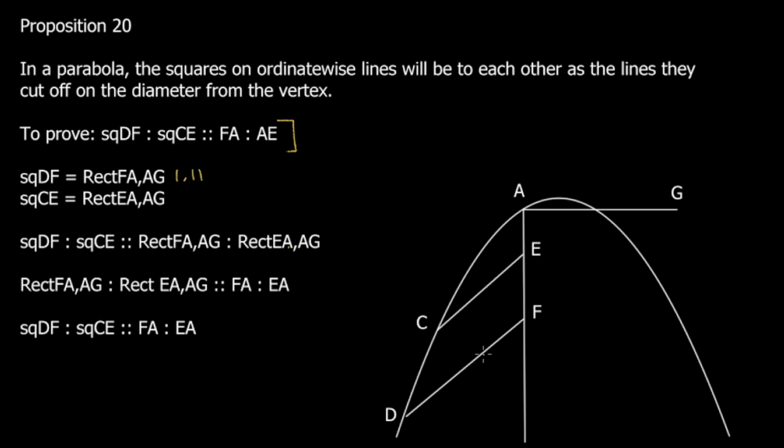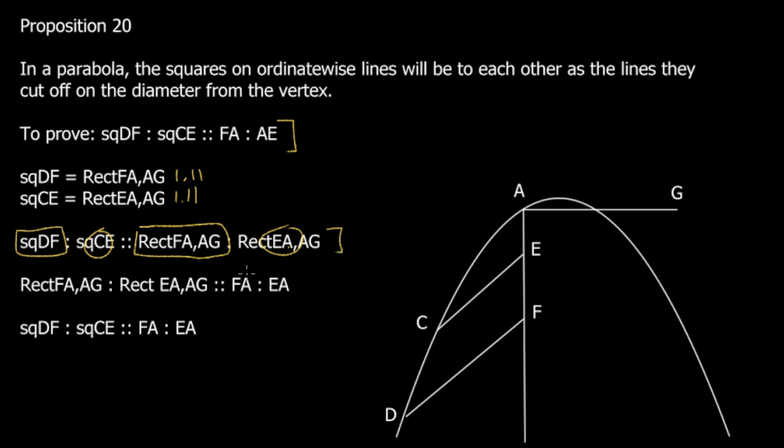And the square on DF is equal to the rectangle AF, AG, also by 111. Square DF is equal to rectangle FA, AG. Square CE is equal to rectangle EA, AG, and equals have the same relationship to equals. So that's all that this ratio here is doing.